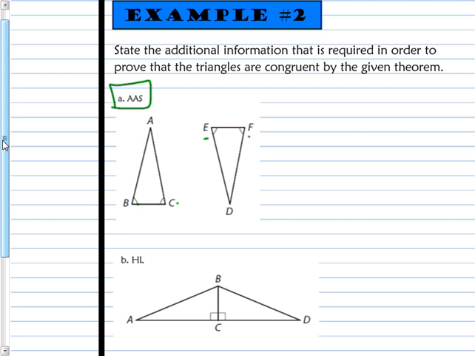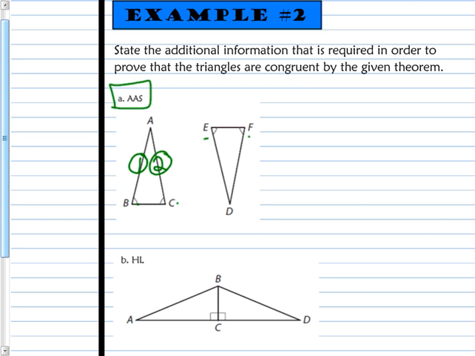So if this was ASA, we would say, oh, we need BC congruent to EF. But this isn't ASA, this is AAS. So we need a non-included side. And you actually have two options. You can go with option 1 or you can go with option 2. Doesn't matter.